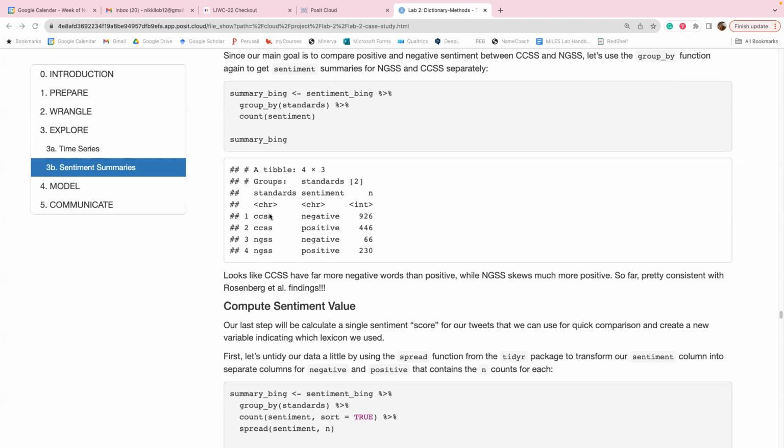So here you can see that there were a lot of negative comments about Common Core. And so, I mean, this is really stark, not only comparing Common Core to NGSS, but also just within Common Core and within NGSS. Another huge finding here is look at the difference of how many total for Common Core and how many total for NGSS.